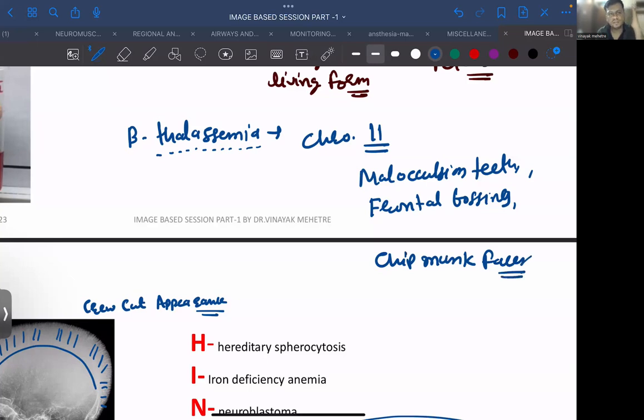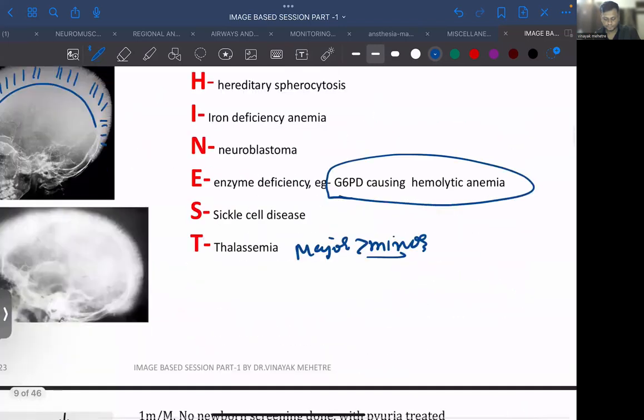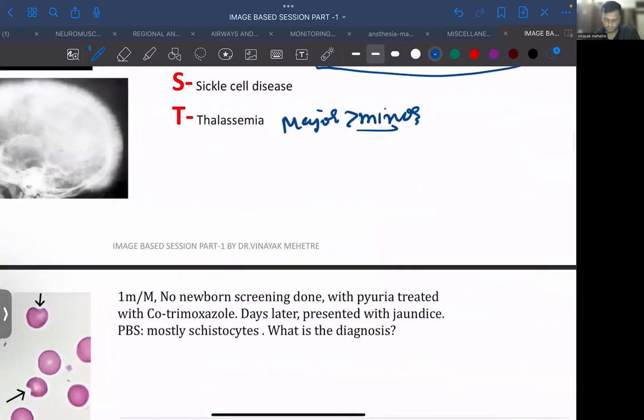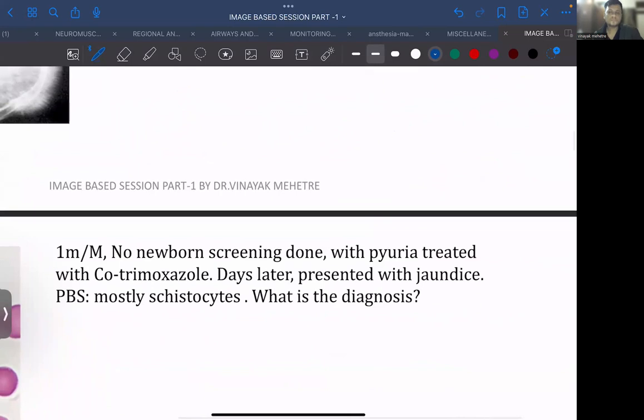These are all the clinical features of thalassemia. Try to answer this question.